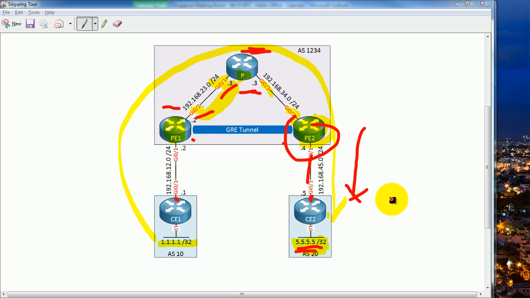That's how we use MPLS to tunnel traffic between PE routers, creating a BGP free core.